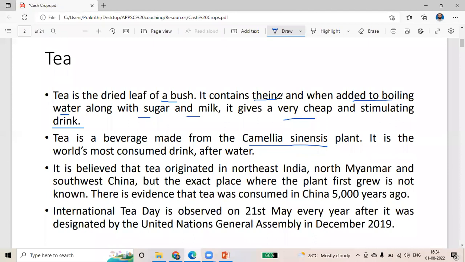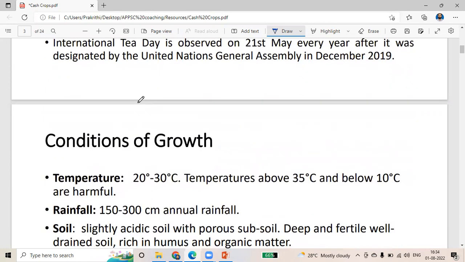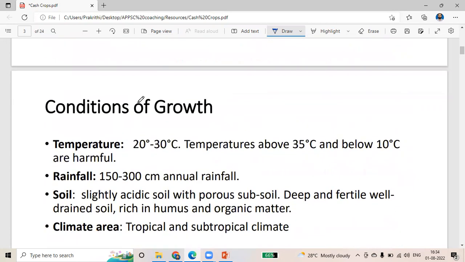Based on its importance, the United Nations General Assembly in 2019 declared May 21st as International Tea Day. That's about tea. Now we can see what conditions are required for its growth.